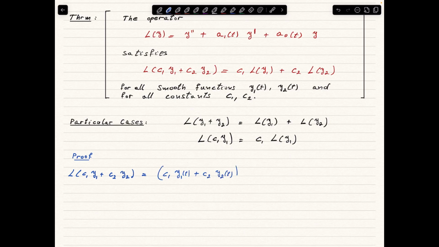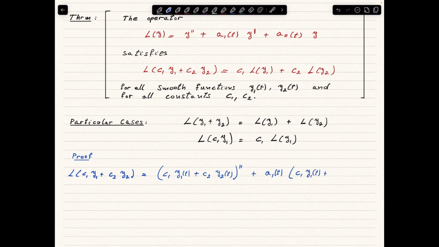Then we need to compute the first derivative of c1 y1 plus c2 y2 and multiply by the coefficient a1, which is a function of time, but we are not writing it out.